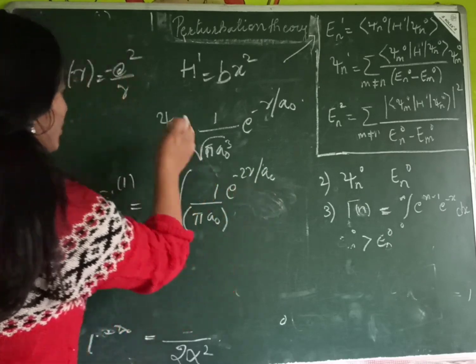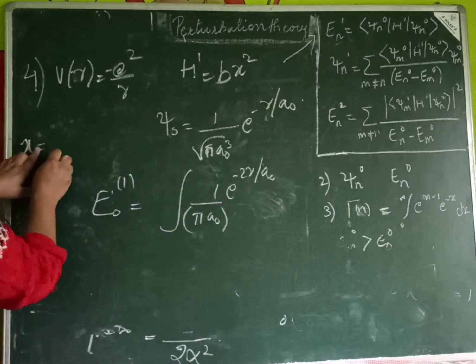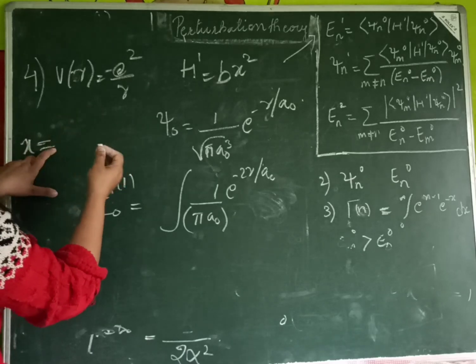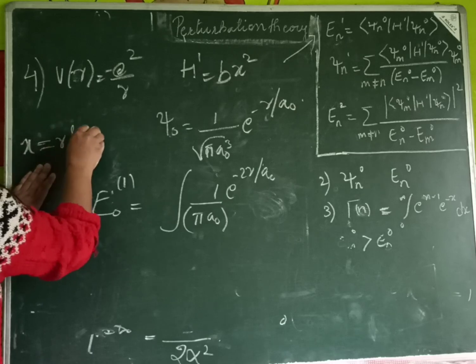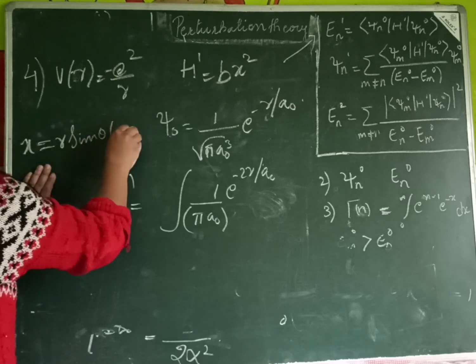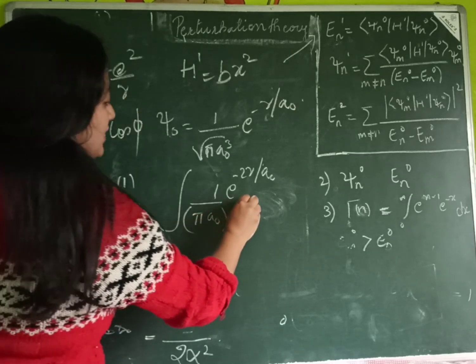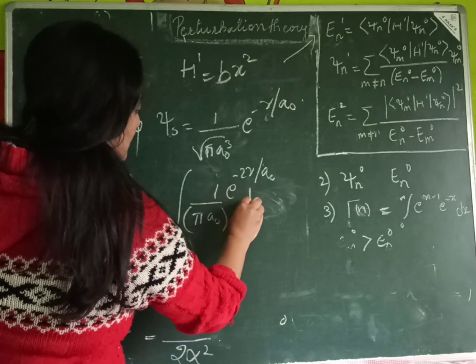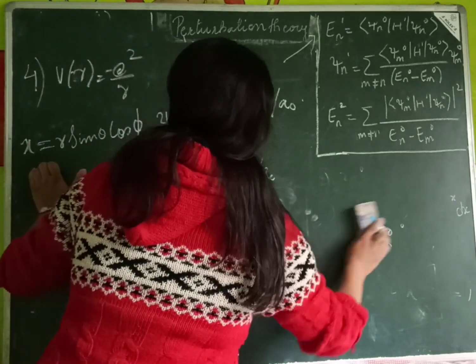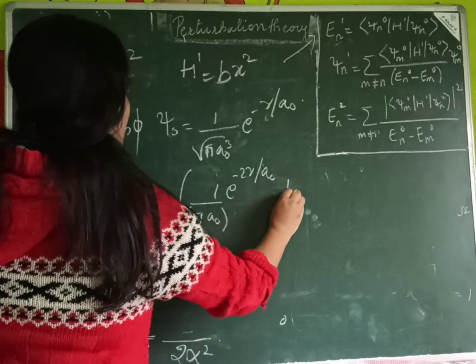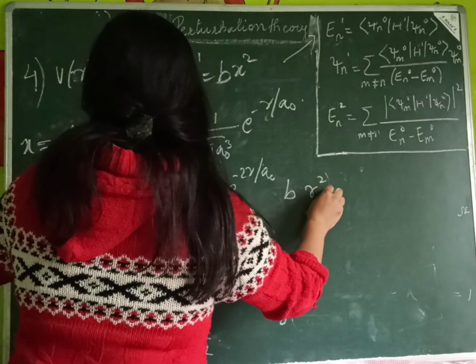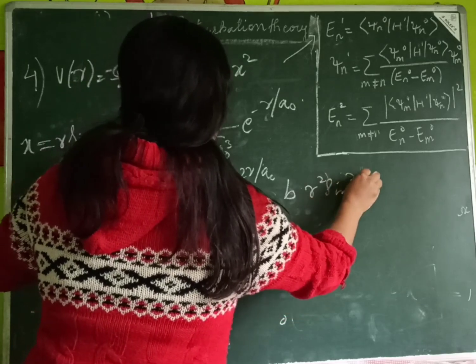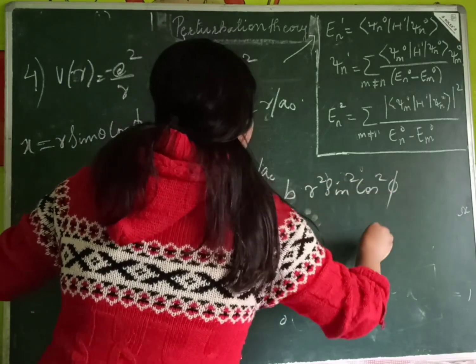So hence what I do is, I take my x, because it's got to do with your spherical coordinates, x, I'm going to take it as r sine theta cos phi, right? So I will get bx square as b r square sine square theta cos square phi, right?